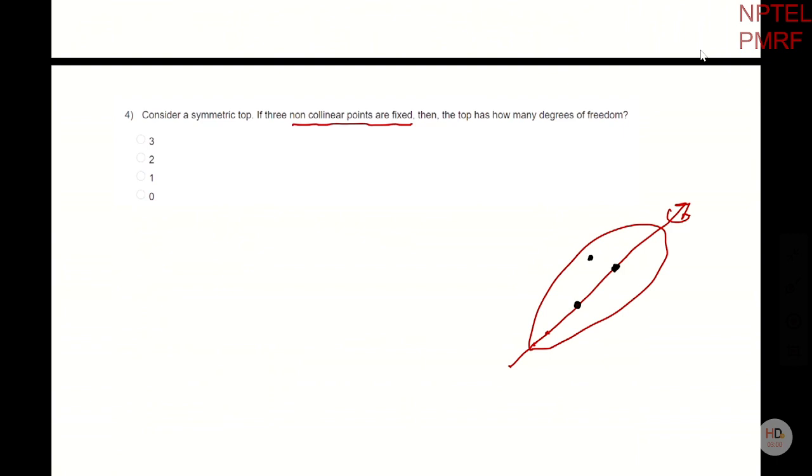So earlier it could have this freedom of being anywhere, but now this is fixed, which means that there is no degree of freedom, right? Because you fixed your axis and you fixed the orientation about that axis as well. So you have completely told me where every molecule of the top is. Okay. So sorry, it has 0 degrees of freedom.